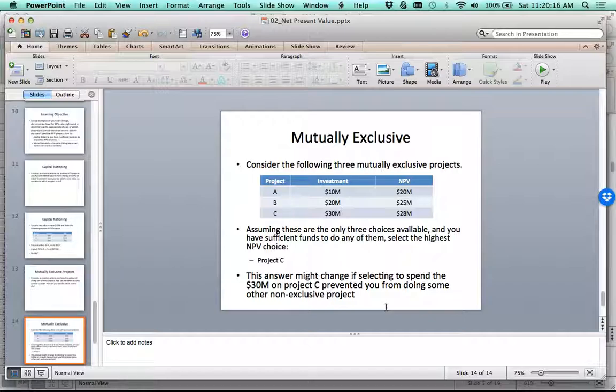And so you're really just creating all those possible combinations and then picking the one that has the highest total NPV. So it's a simple rule, it's a little bit complex to apply, figuring out those combinations. But at the end of the day, it always gives the right result.